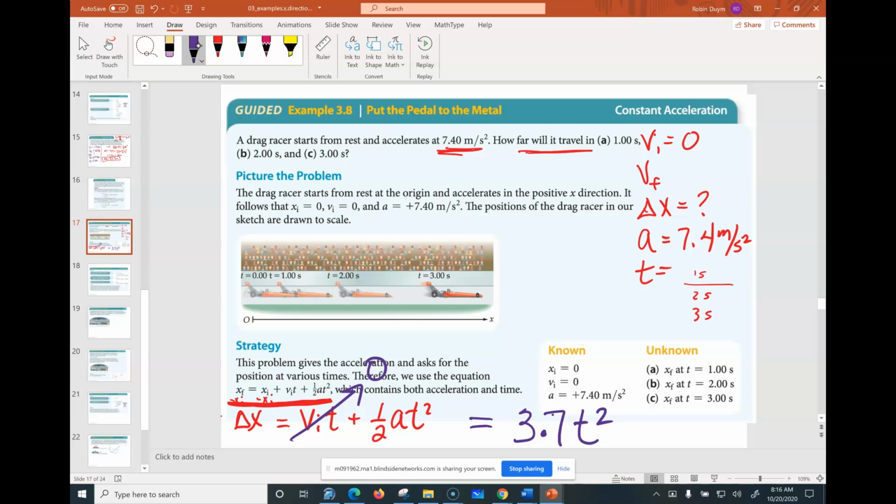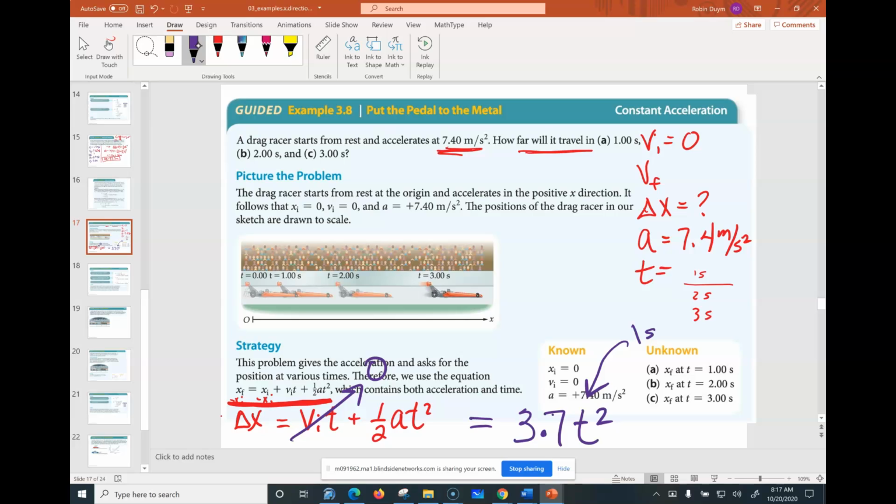How far does he go after 1 second? So we pop a 1 in here. We square it. What's 1 squared? 1 times 3.7. So he goes 3.7 meters. Cool.